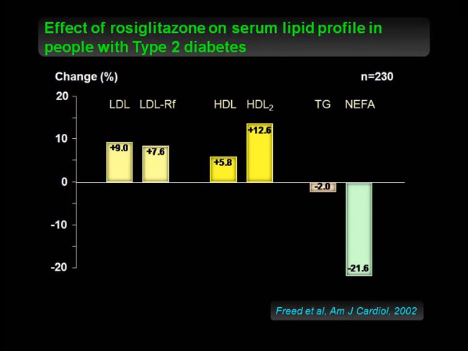You can see that happen. Look to the right here, free fatty acids. The one thing that both rosiglitazone and pioglitazone do is drop free fatty acid concentrations. That is, they inhibit lipolysis peripherally, and they decrease the calorie load to the liver that's coming from peripheral fat, thereby improving insulin sensitivity.